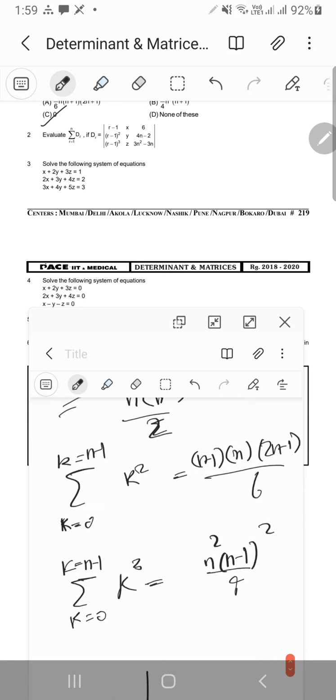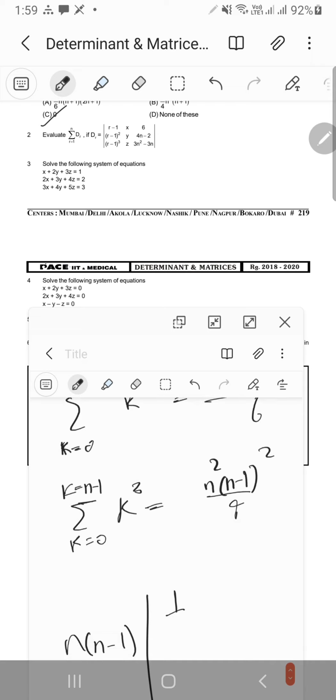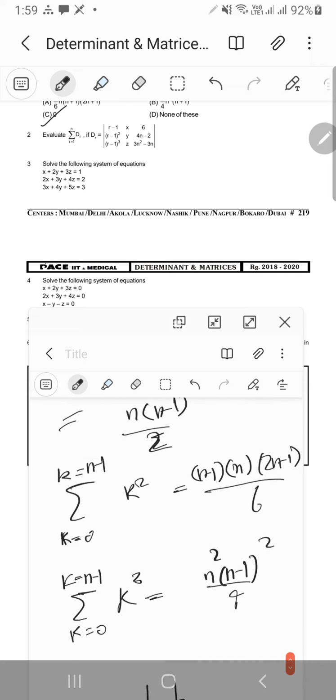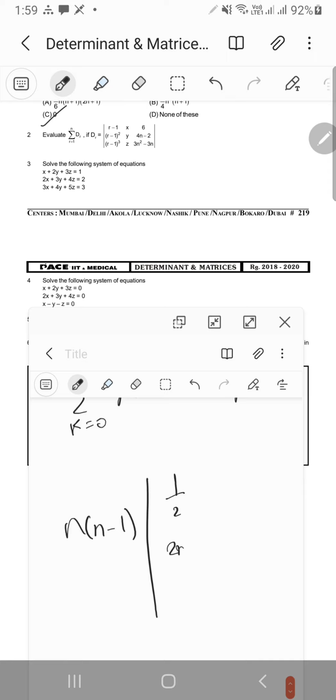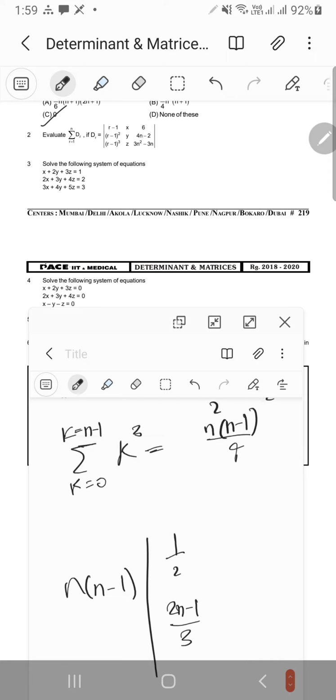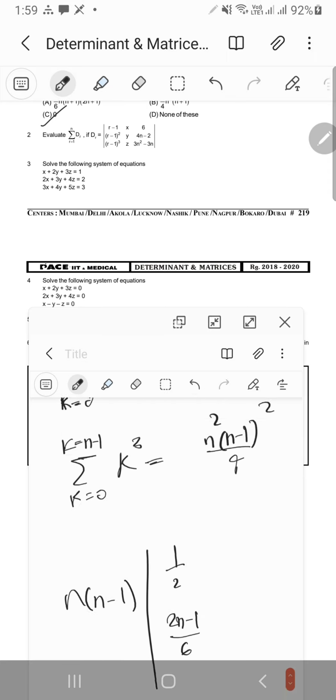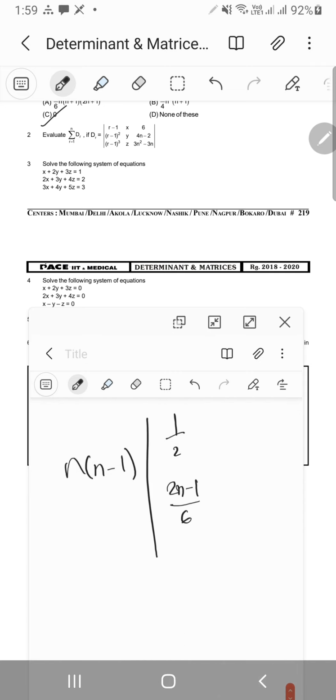Then you will first of all have 1 by 2, then 2n minus 1 upon 6, and n into n minus 1 upon 4. In fact, take that 2 out as well, so it will be 1/3 over there.